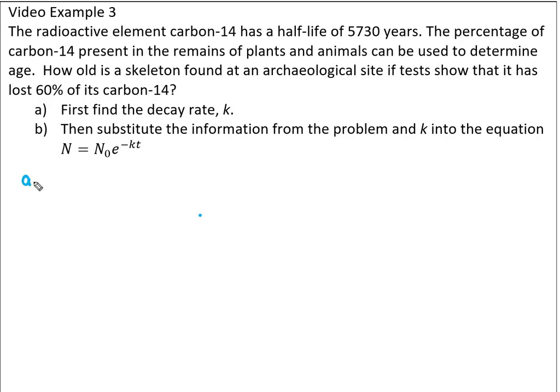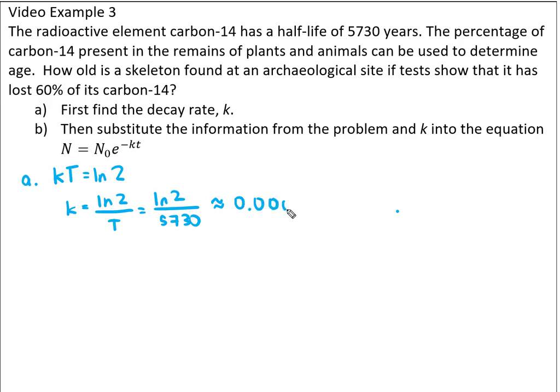Setting this up, we know k times t is equal to natural log of 2, so k is going to be natural log of 2 divided by 5730. Using our calculator, we can come up with approximately 0.0001297.